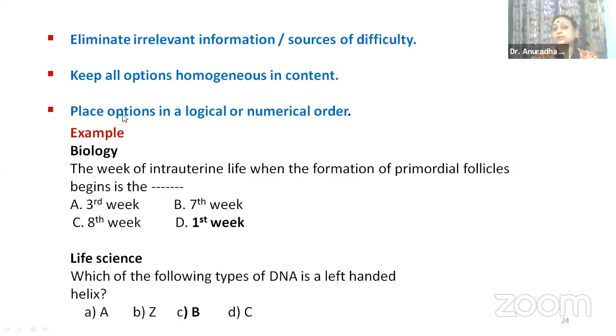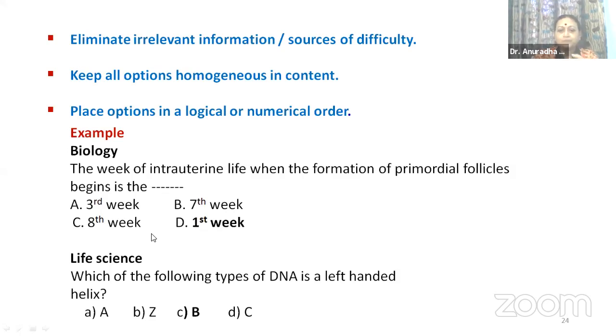Place options in a logical or numerical order. Now, this is just by way of advice, and I'm sure most of you would follow it. This is a question that appeared in a biology paper in embryology. The week of intrauterine life when the formation of primordial follicles begins is the 3rd week, 7th week, 8th week, 1st week. Why is 1st week suddenly appearing in a disjointed fashion?